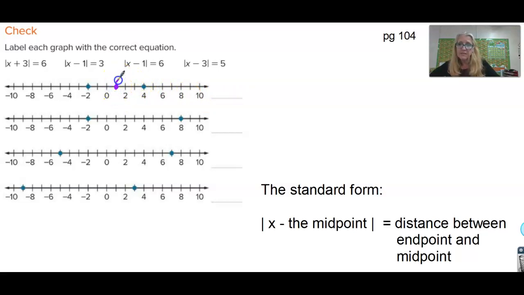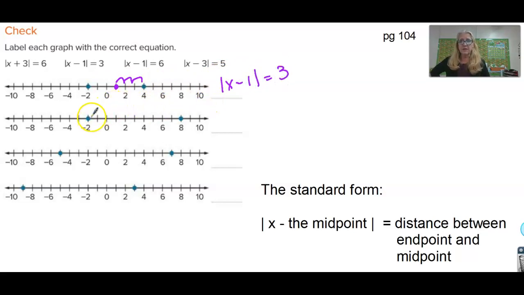And what's the distance? 1, 2, 3. So we're looking for one that has a 3 here and a positive 1 here. All right. But remember, it's x minus the midpoint. So that's why it looks like a negative 1, because the formula is x minus the midpoint. The midpoint's 1. Okay, so this one is x minus 1 equals 3.